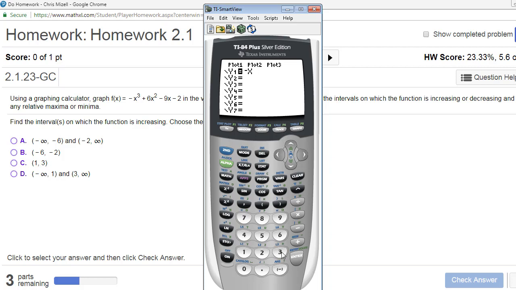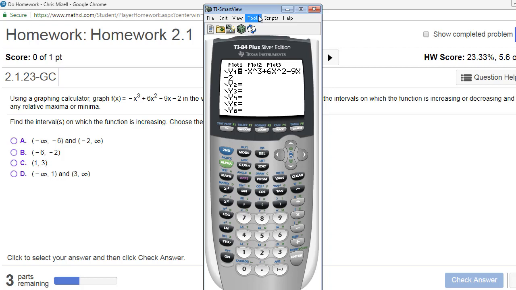X to the power of 3. Move off the exponent if you need to. Plus 6x to the second power, minus 9x minus 2. Negative x cubed plus 6x squared minus 9x minus 2.